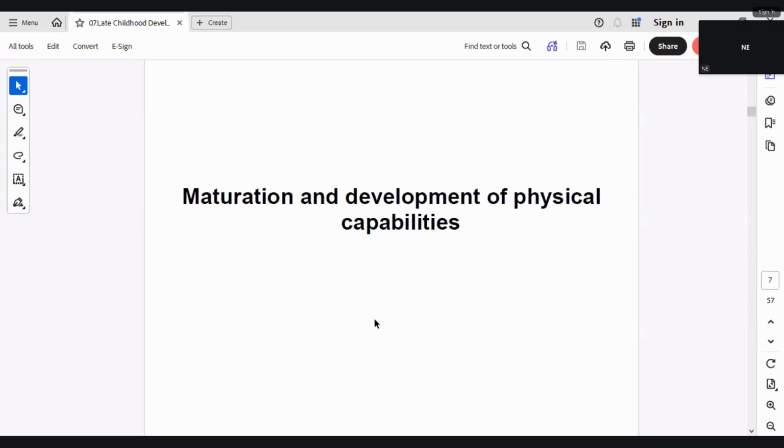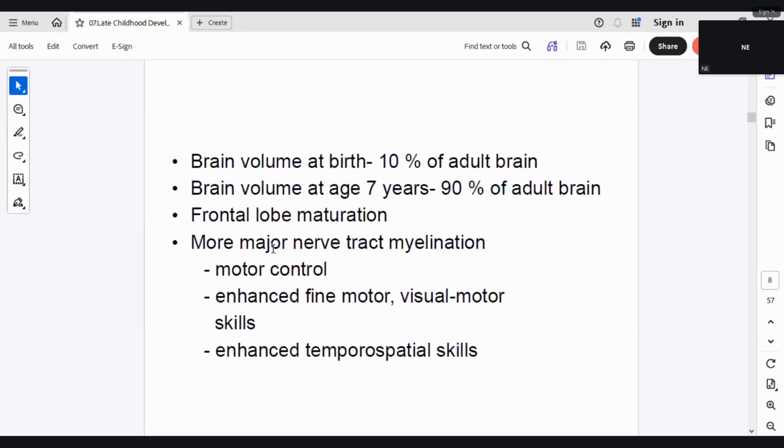The physical capabilities at this age, again, are more about frontal lobe maturation, all these major nerve tract myelination, so more motor control, fine motor, visual motor skills. So from the age of 6 onwards, engagement in different types of sports.